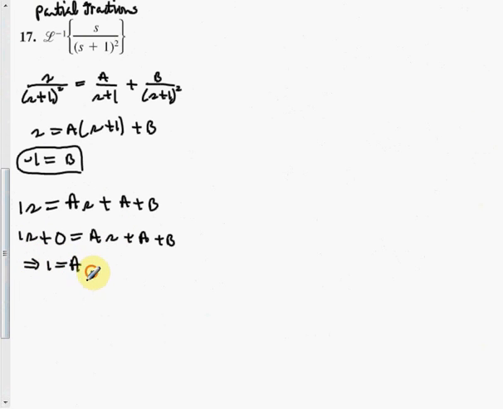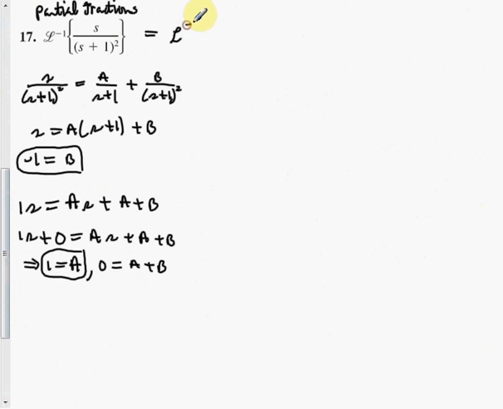Now I'm done. Now back in the old days when we didn't do the let s equal to negative 1, you'd say 0 is equal to A plus B. Well, indeed, if A is equal to 1, B is equal to negative 1. Good. So we come here.